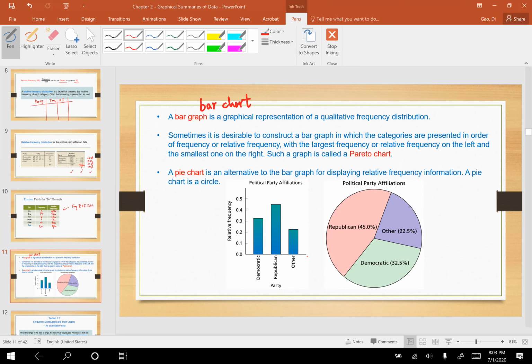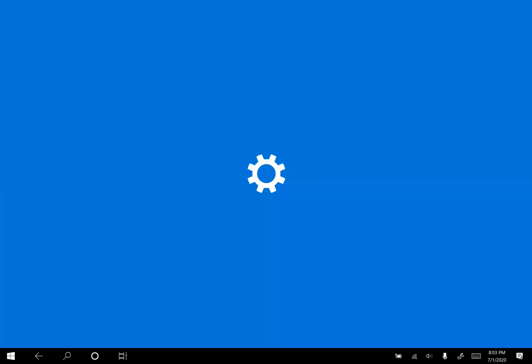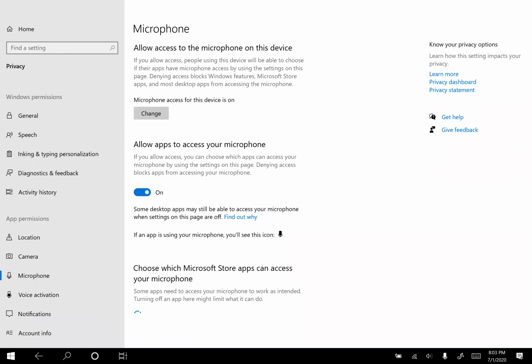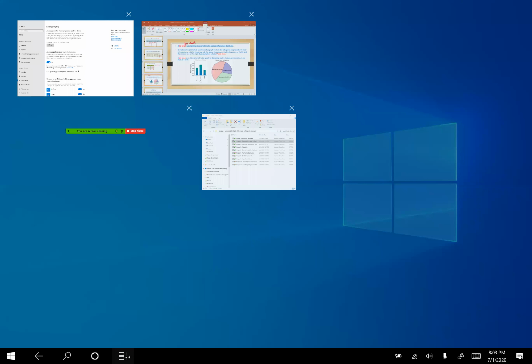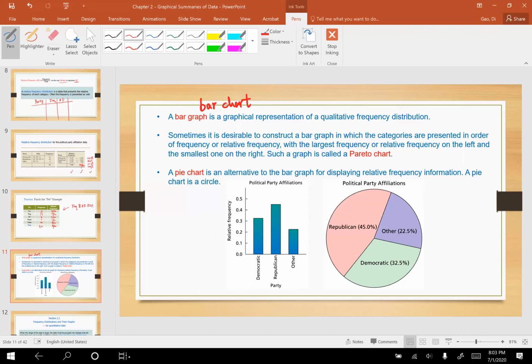One important thing to mention for a bar chart: the bars don't stay together. You can see a gap right here. The reason we mention this is because later you'll see a graph called a histogram, and for that the bars stay together.